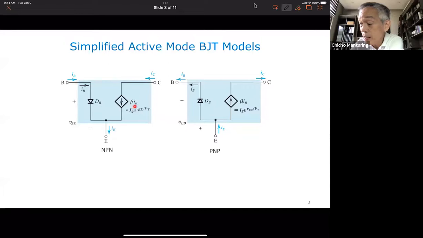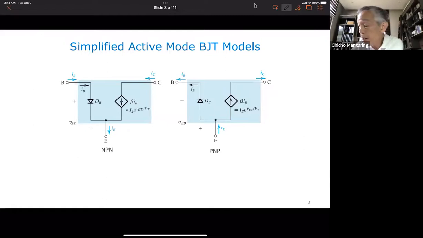This one is a current-controlled current source; the controlling variable is IB. This is a voltage-controlled current source; the controlling variable is VBE. As I explained earlier, usually one is used for DC calculations, and the other is used more for circuits with time varying inputs.